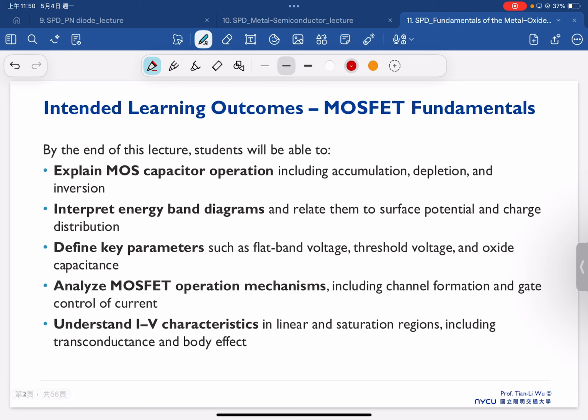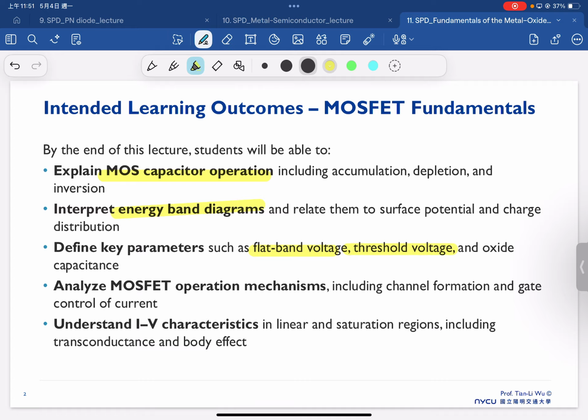By the end of this chapter, first we will explain the MOS capacitance operation, and also understand the band diagram and the key parameters, especially the flatband voltage and threshold voltage.